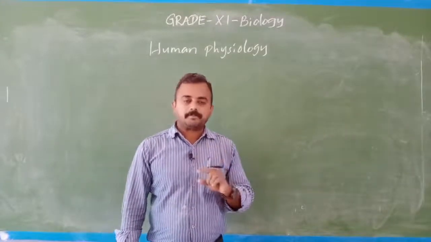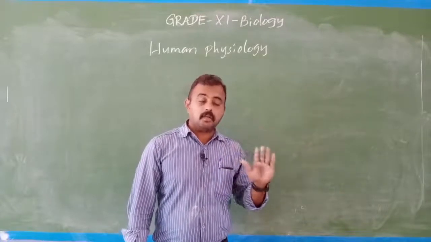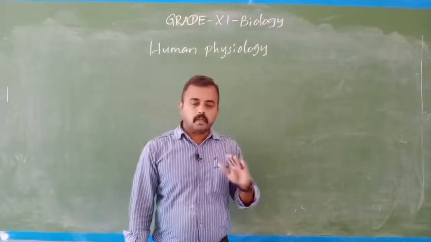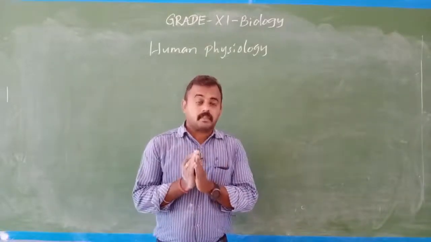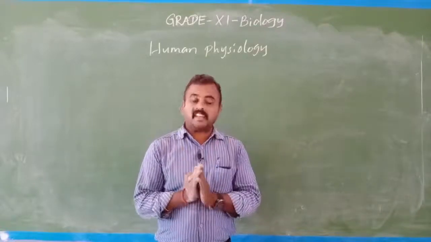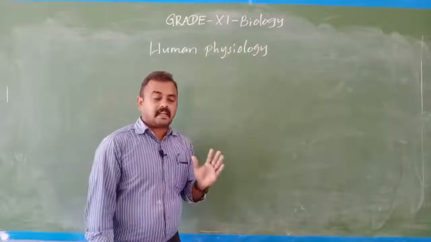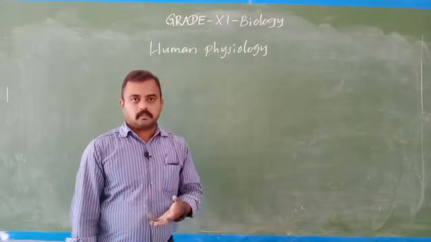The next one, neural control and coordination, and the last one is chemical coordination and integration. So 7 chapters are there. Those 7 chapters are very important for NEET. So you have to listen to the class very carefully and study well, right?